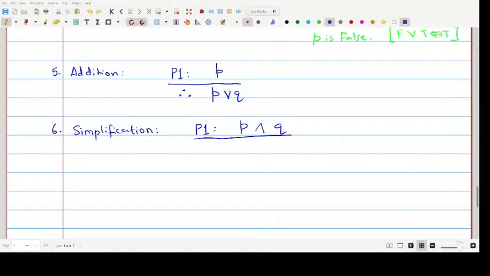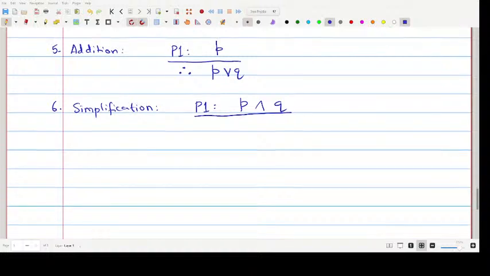As we have been seeing throughout, the premise has to be true. So P conjunction Q has to be true. P conjunction Q is true if and only if P is true and Q is true.